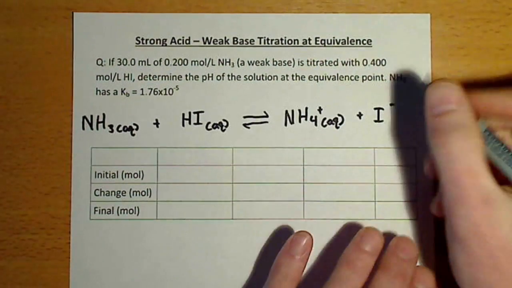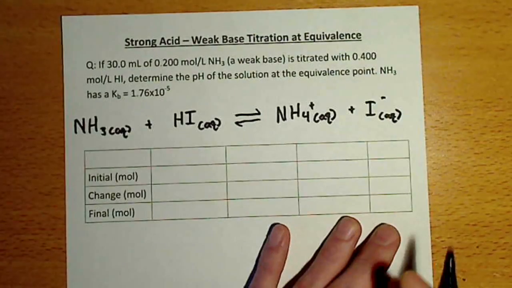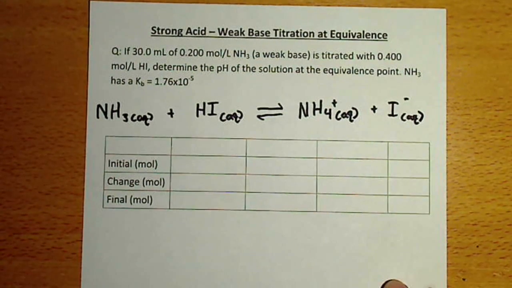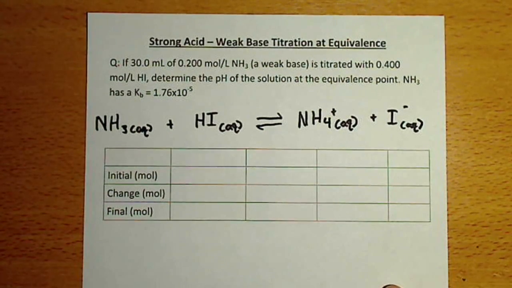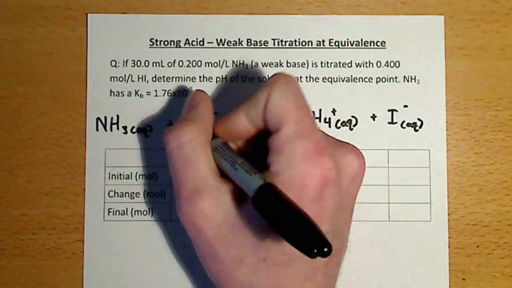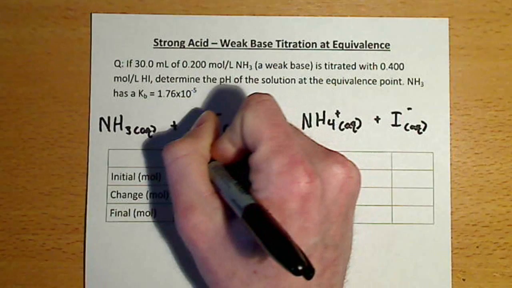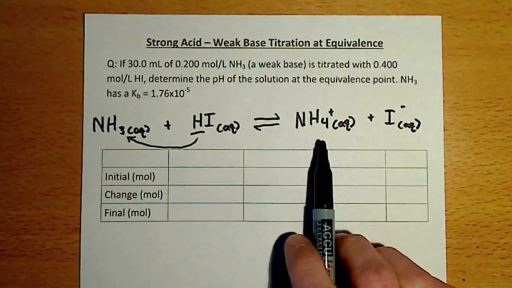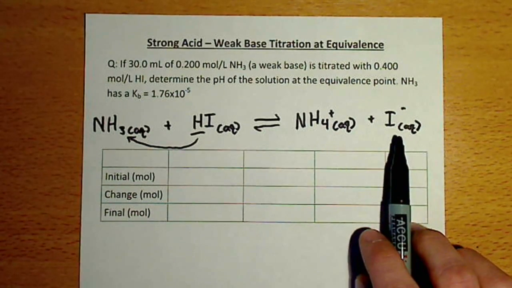Okay, so you can see I now have my reaction showing my products that are formed from my initial reactants. I know that my products will be ammonium ion and iodide ion because of the fact that I'm working with an acid and a base. My acid will donate a proton to the base, which results in the formation of the ammonium ion and leaves behind the iodide ion.